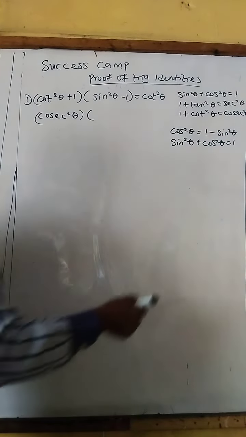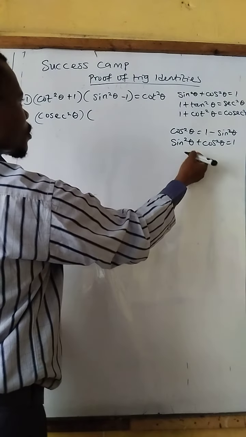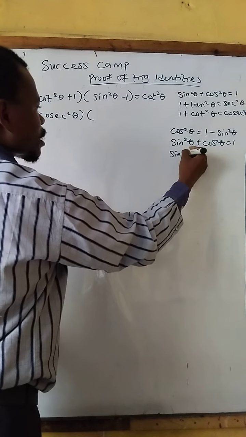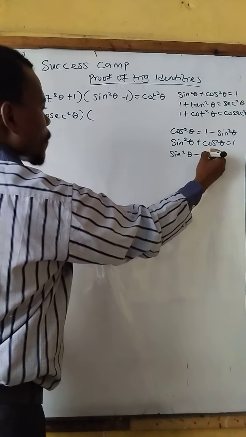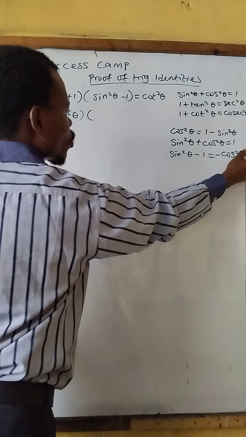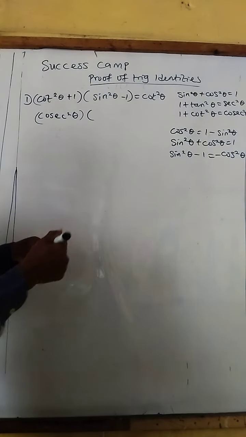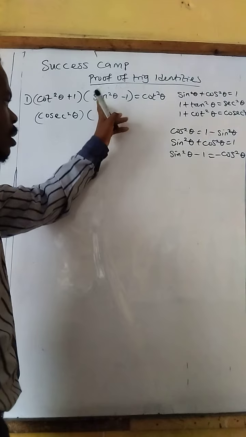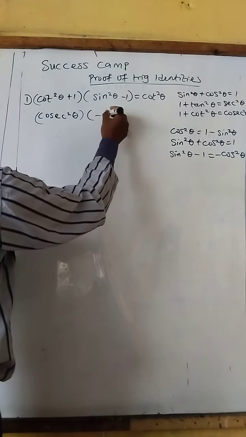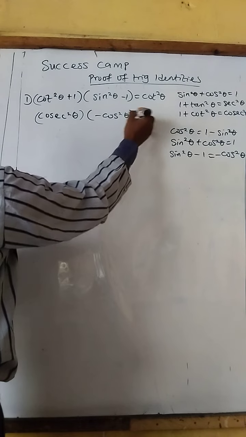Now to change it, this one coming to this place will be sin squared theta minus 1, and then this one moving here will be minus cos squared theta. I think it's better this way. So now I've been able to achieve this, so that means the whole of this is equal to minus cos squared theta.